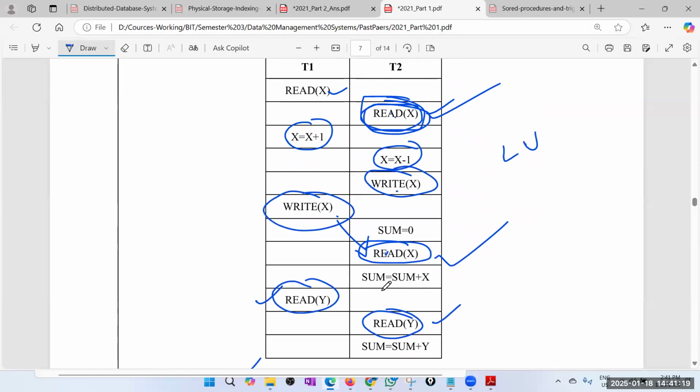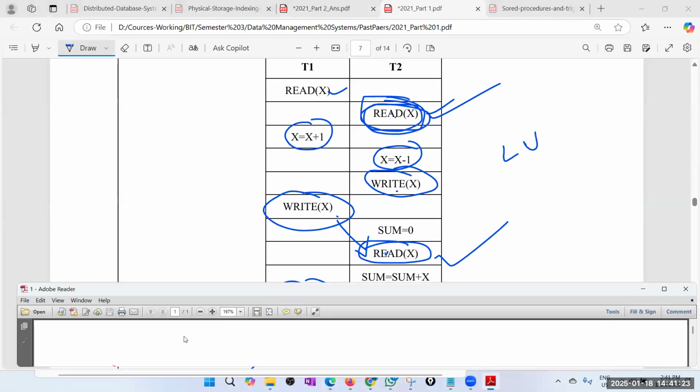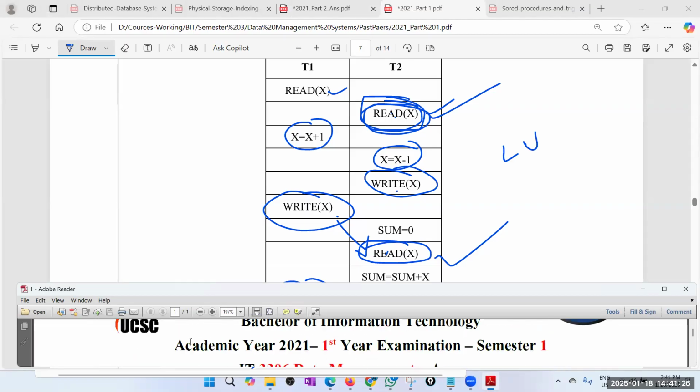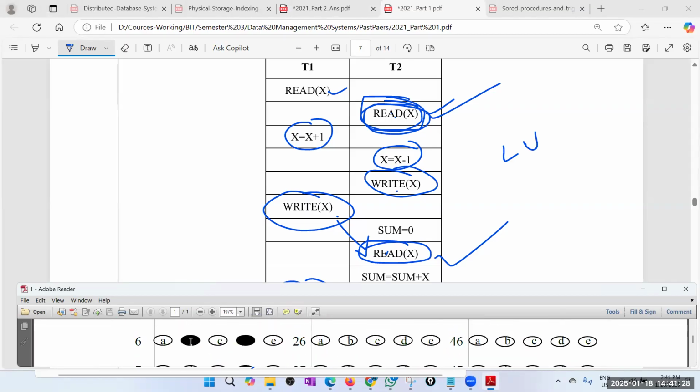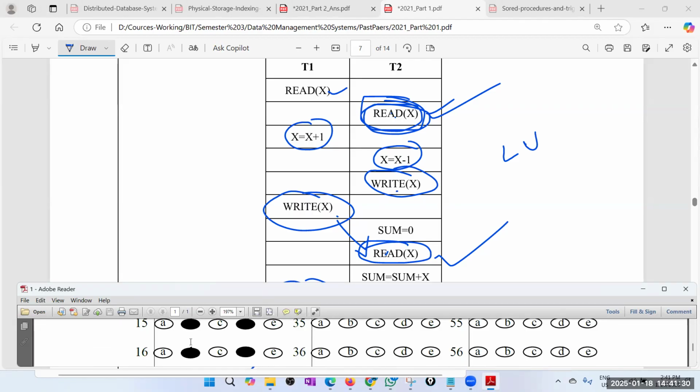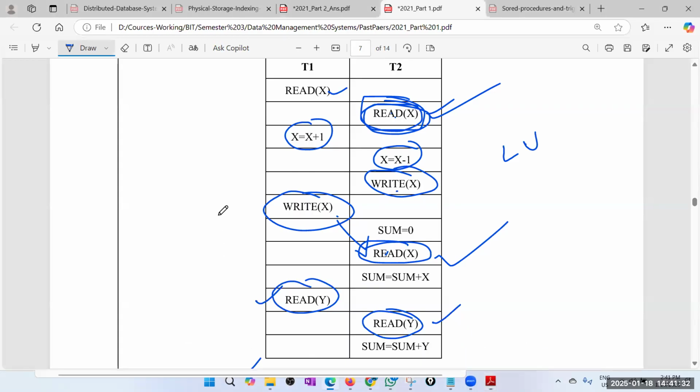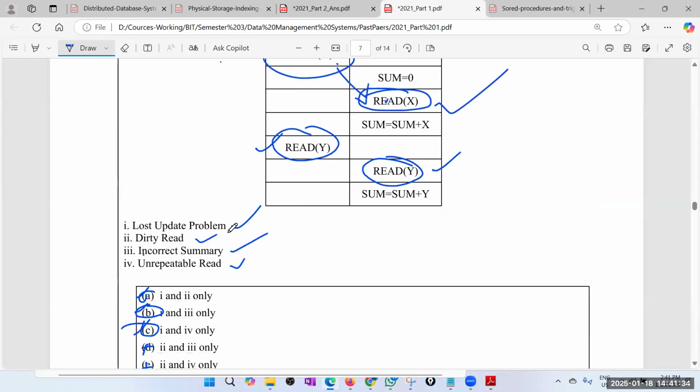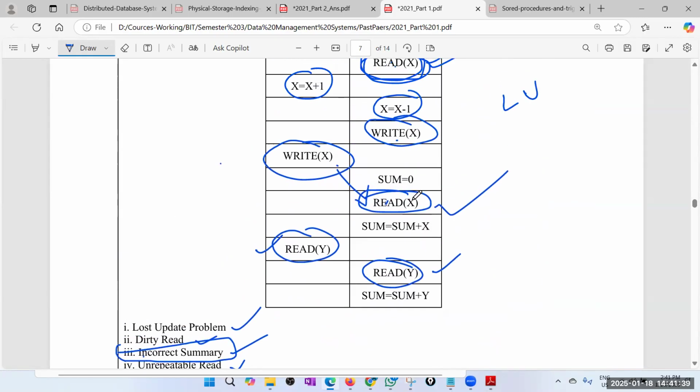Let's see the answer. Examiner's answer, 2021, 17. C, incorrect summary.